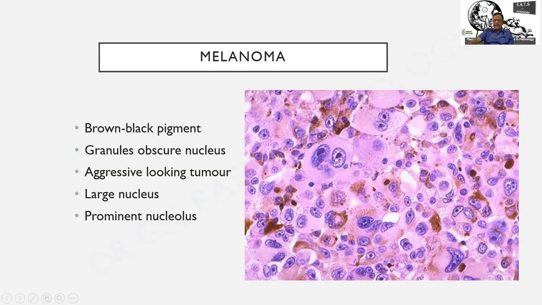They can be arranged in sheets. But I am able to see some pigmentation here, and in some cells they will be obscuring the nuclear details. In this cell, for example, I am not able to see the nuclear detail at all. So it contains a brown-black pigment which is granular, it can obscure the nucleus. It is an aggressive looking tumor itself, and it has a large nucleus, prominent nucleolus. This is a melanoma.